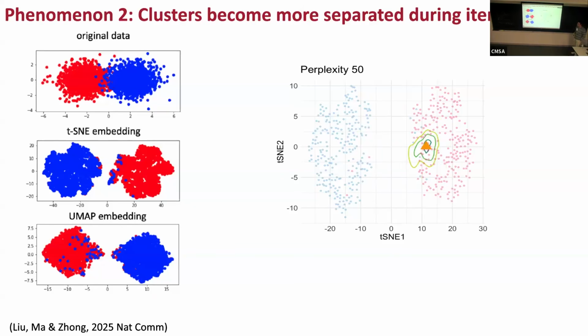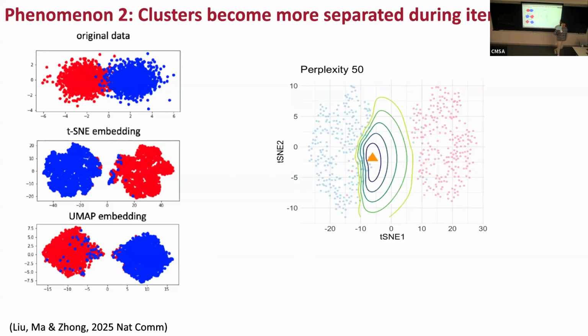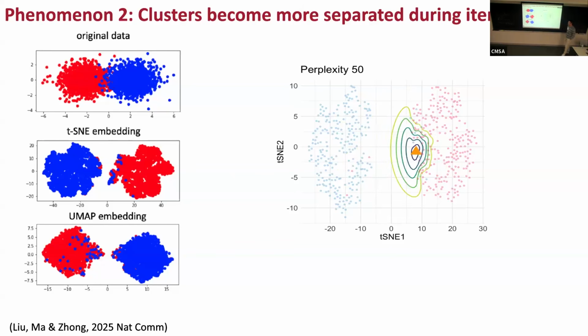Another drawback of this procedure is that it creates a kind of misunderstanding or artificial conception about the data. If you never see the original data, after visualization you will feel that the data are already well separated in clusters. You have very strong signals. However, this is more or less an artifact of the algorithms.